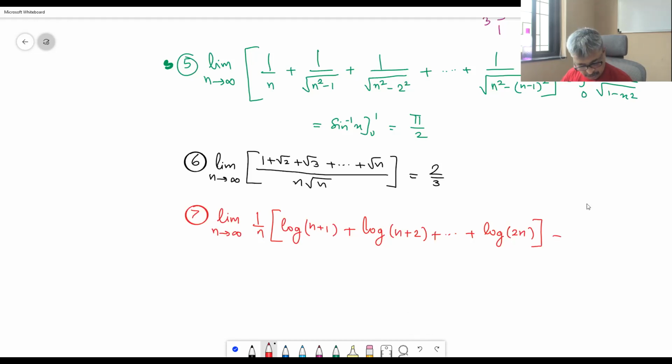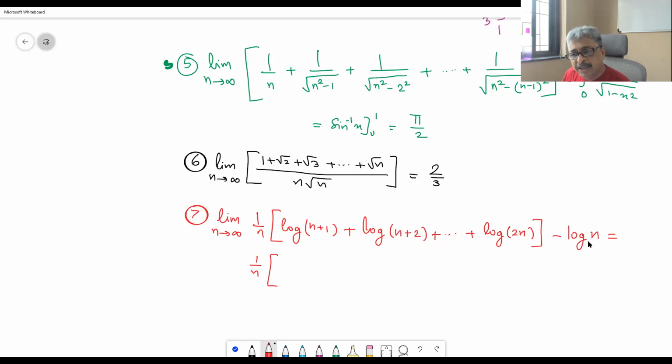Minus log n. Okay. Suppose we give 1 by n to this last term also, then it will become n log n. So 1 upon n inside bracket n times log n, and there are n terms here.